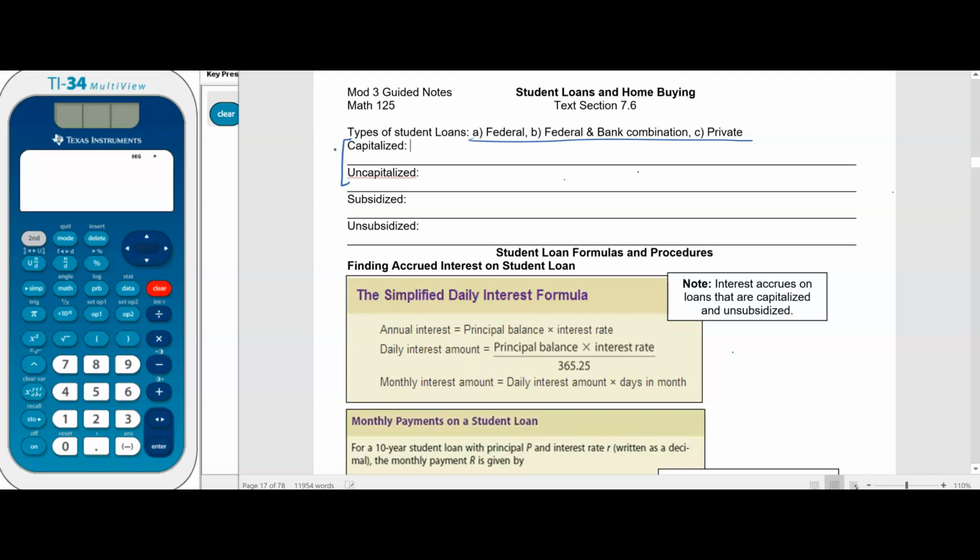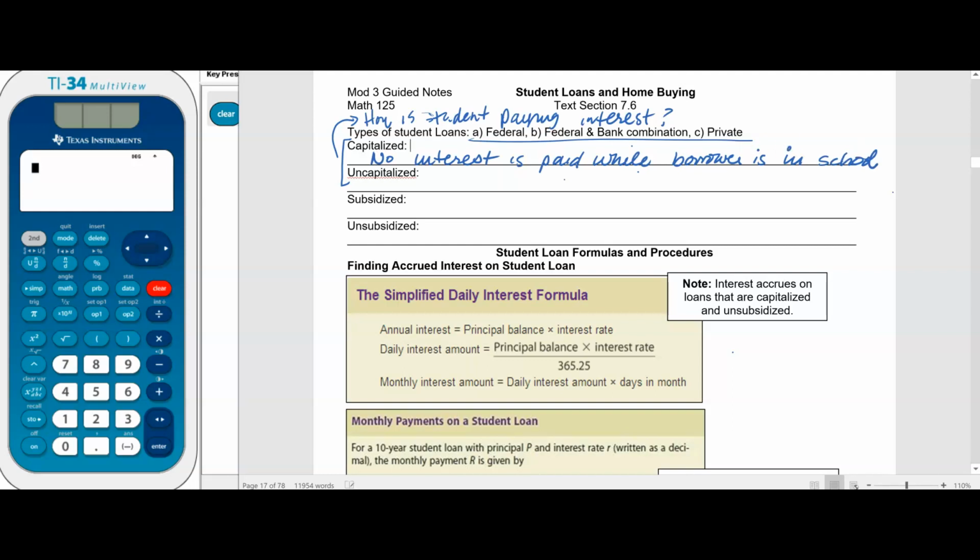So these 2 right here, how is the student paying the interest? Okay, so capitalized interest: no interest is paid while the borrower is in school.